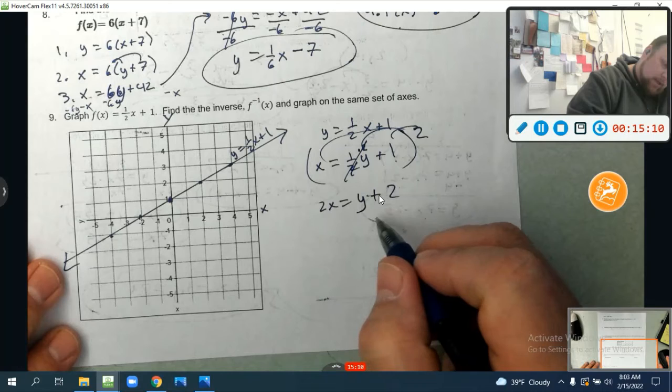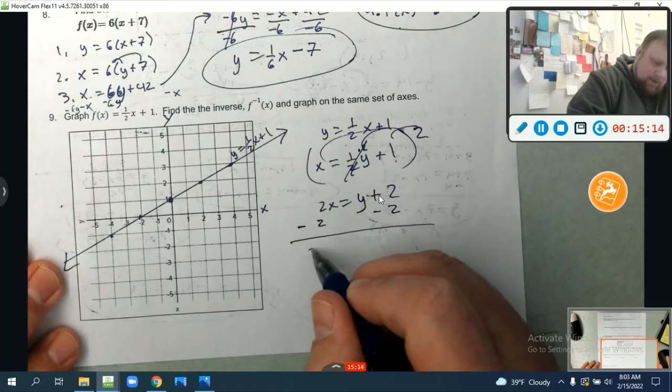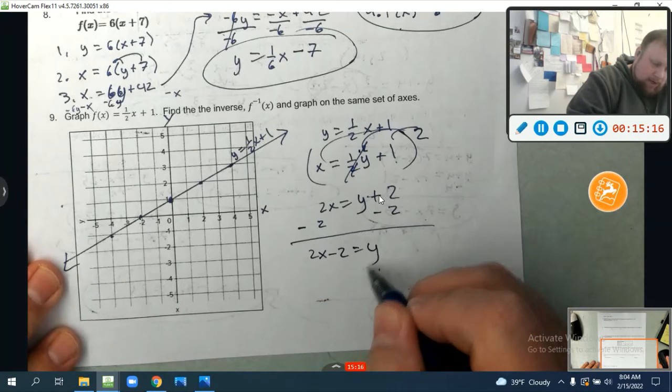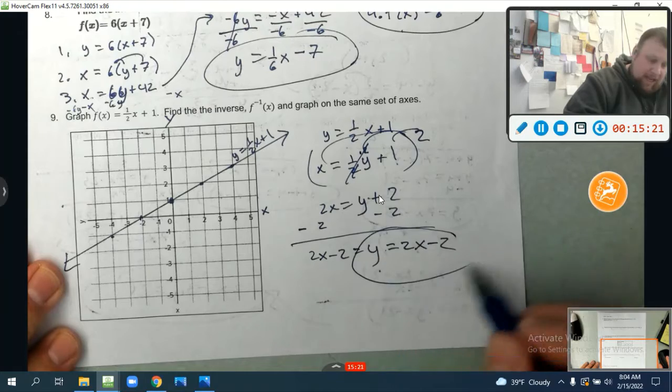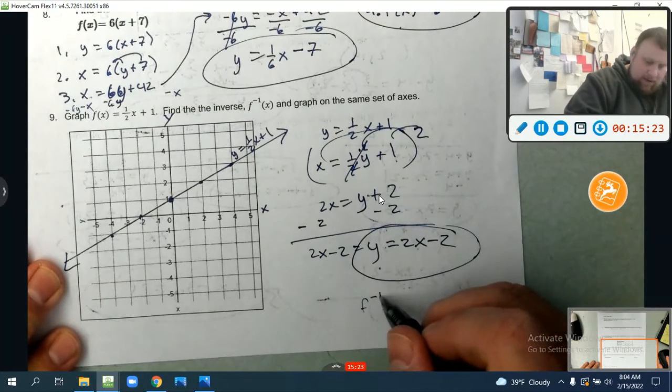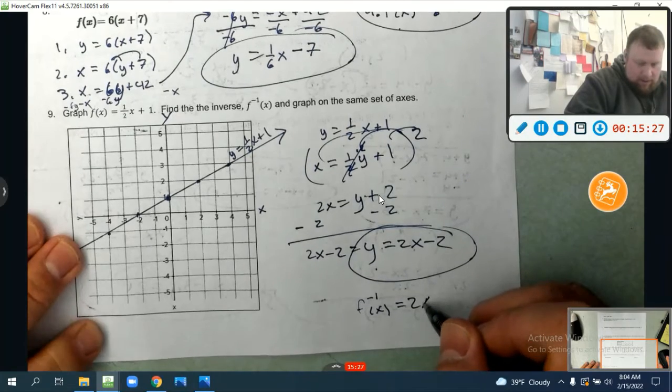And then I might as well just subtract the 2 over. Minus 2, I get 2x minus 2 equals y, or y equals 2x minus 2. I can just flip sides because I can. Last thing, f to the negative 1 of x equals 2x minus 2.